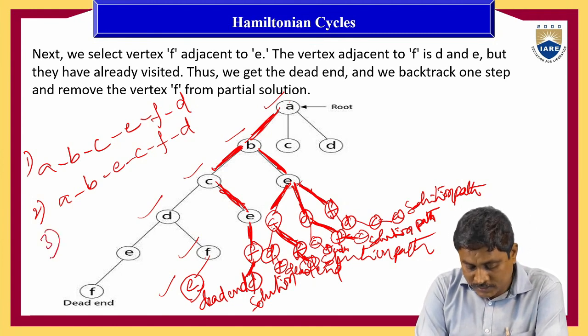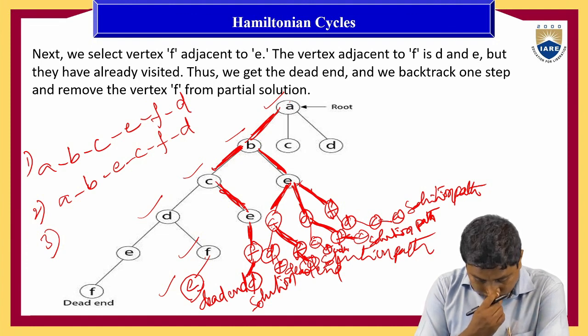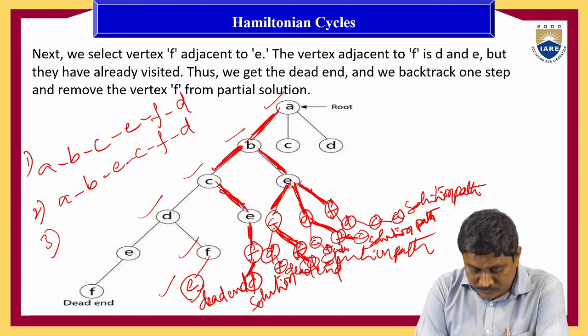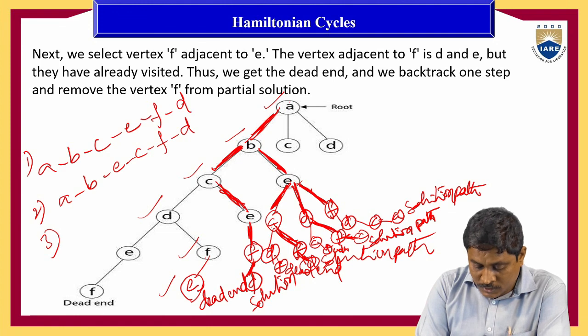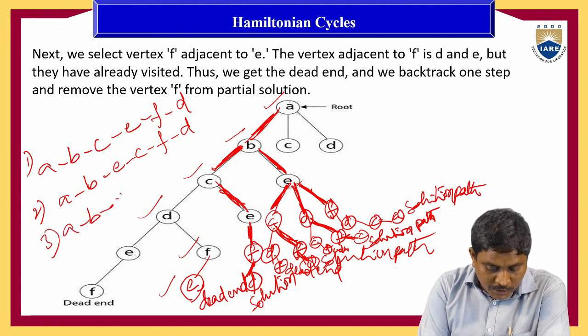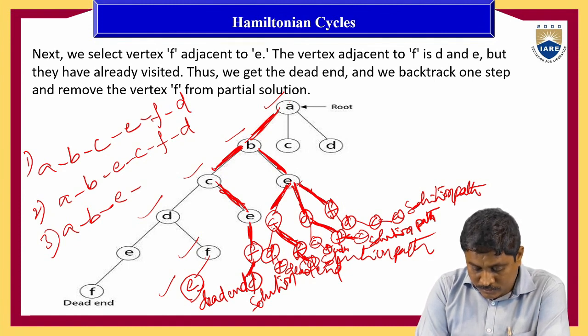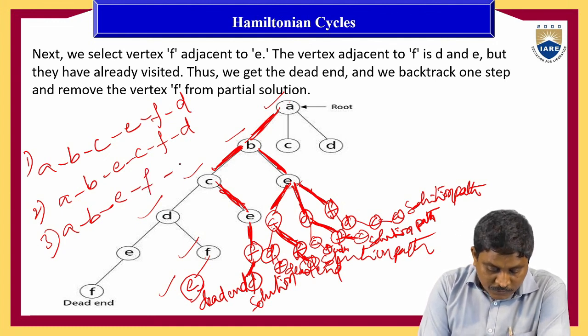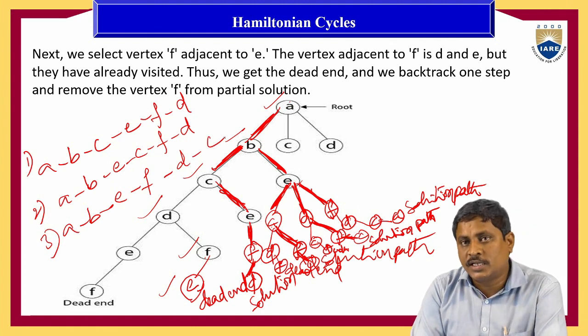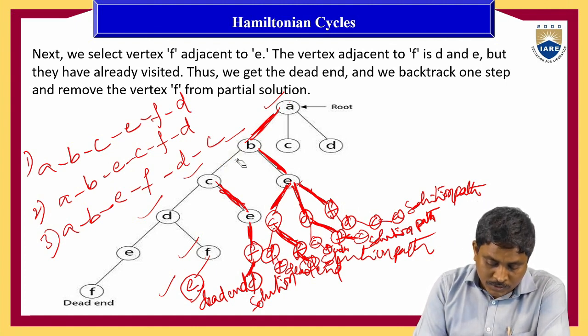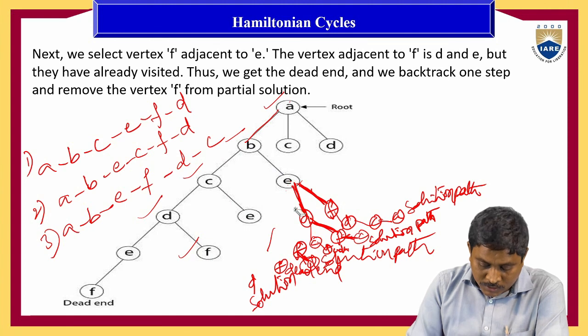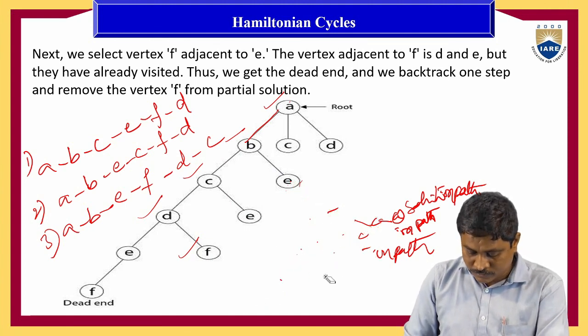Next, another one is A to B, B to E, E to F, F to D, D to C. This is also another solution path. Now, here you see that there are some more solution paths.